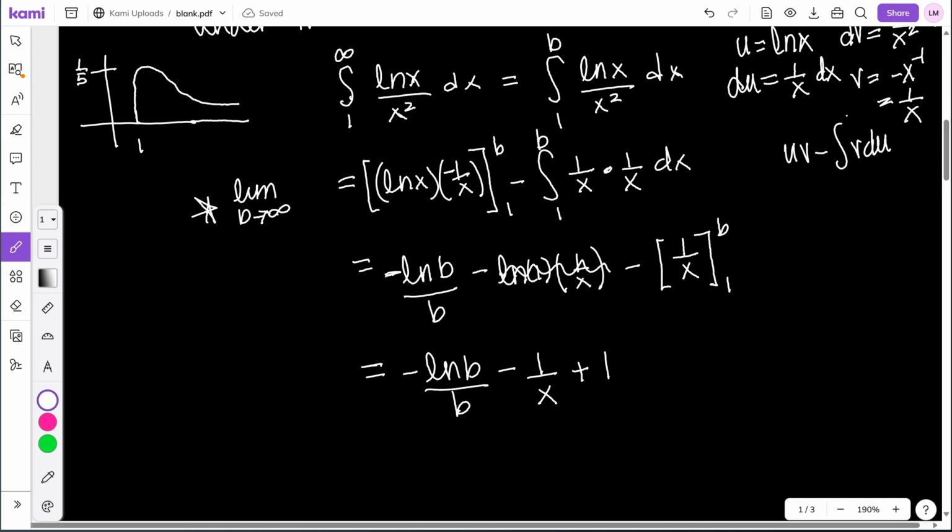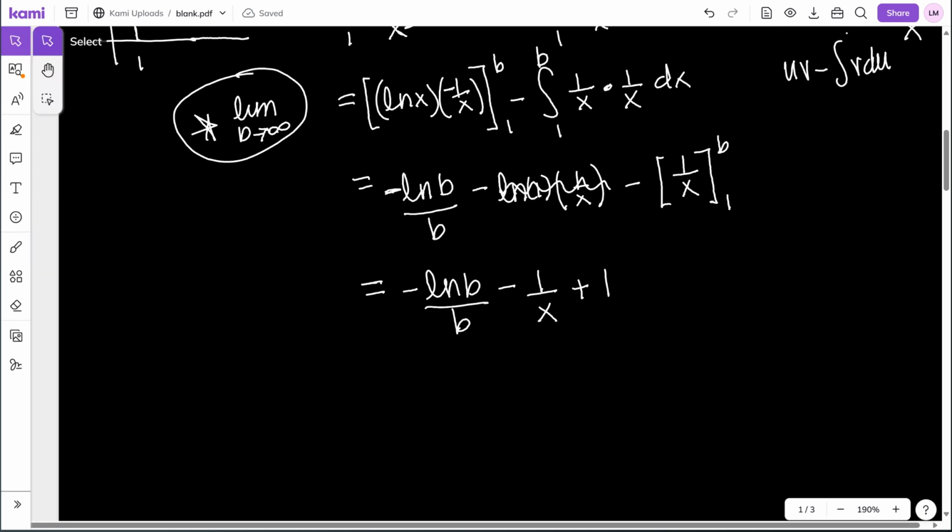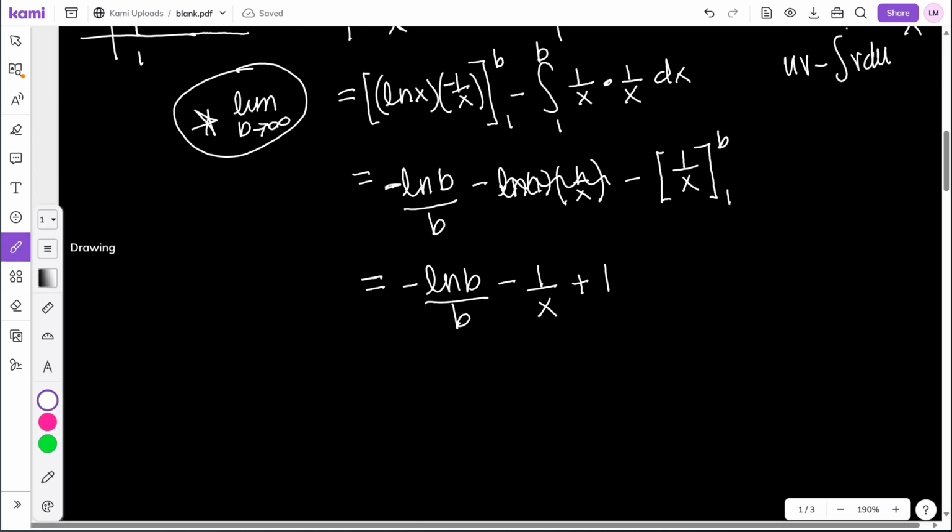Okay, so now I'm looking at the limit of the area as b goes to positive infinity. So I'm back to this that I started. So remember, when I get this answer down here after I've integrated, because I adjusted my limits of integration, I've got to look at the limit as b approaches infinity of this thing.